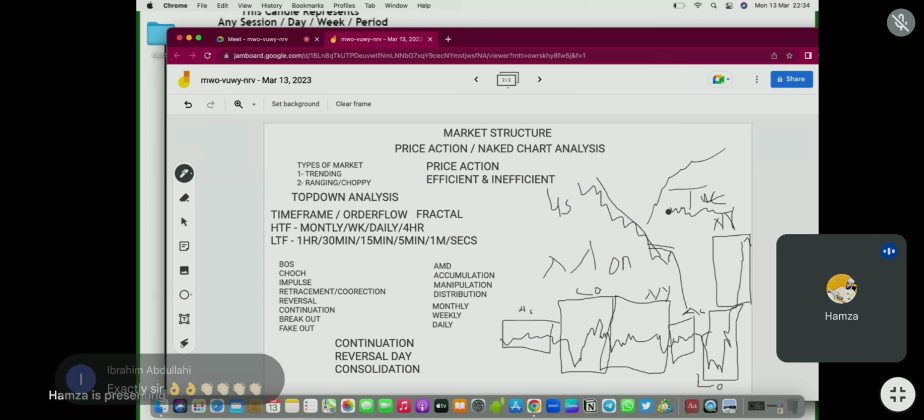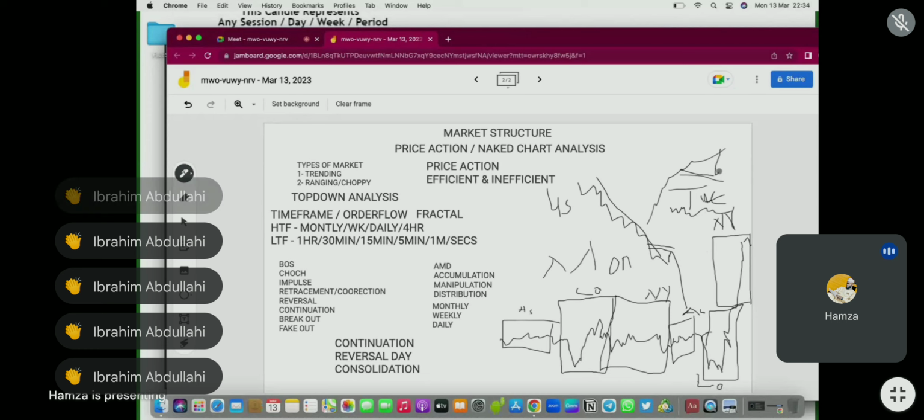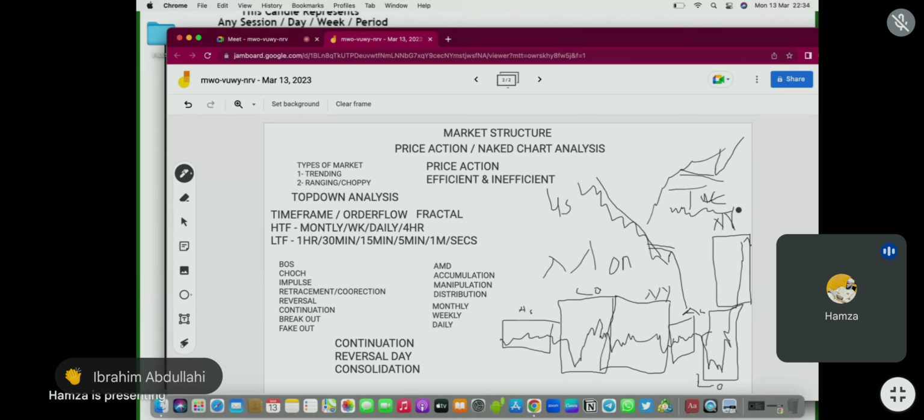If you are a weekly trader, you need to make sure price comes down to a weekly POI to then push price upwards. If you are a daily trader, you need to make sure that price gets out of this range, gives you a clear direction on a daily perspective, and then take your trade. So, the same instrument but different time frames.